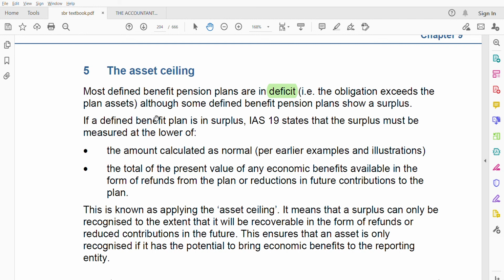If a defined benefit plan is in surplus, meaning the asset is more than the obligation, IAS 19 states the surplus must be measured at the lower of two amounts. Remember the measurement when it is a surplus, and remember the measurement also when it is a deficit.